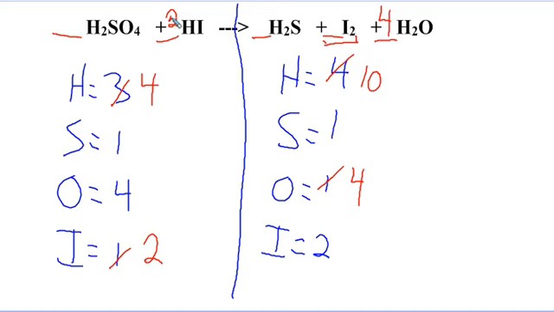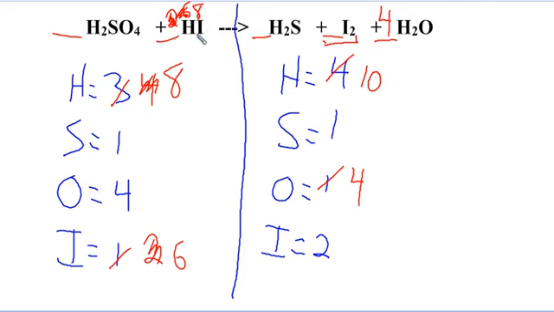That would give us 8 hydrogens and 6 iodines. But that's not going to work because we already have 10. So what do we want to put here in front of the HI, Michael? 8. And 8, because we know it's in even numbers.